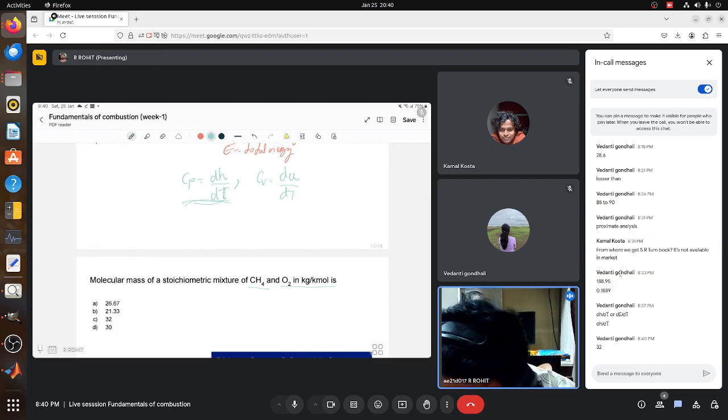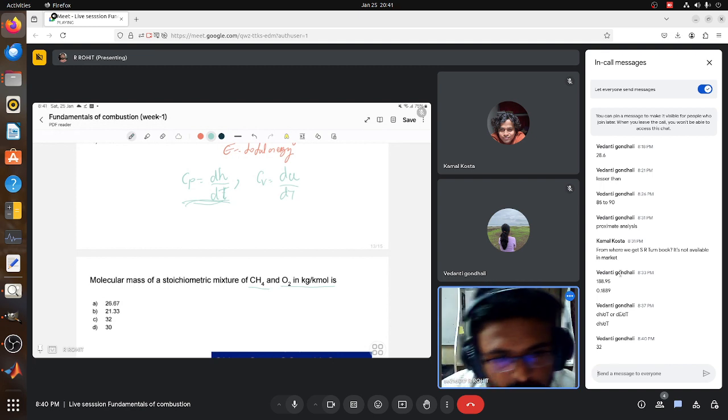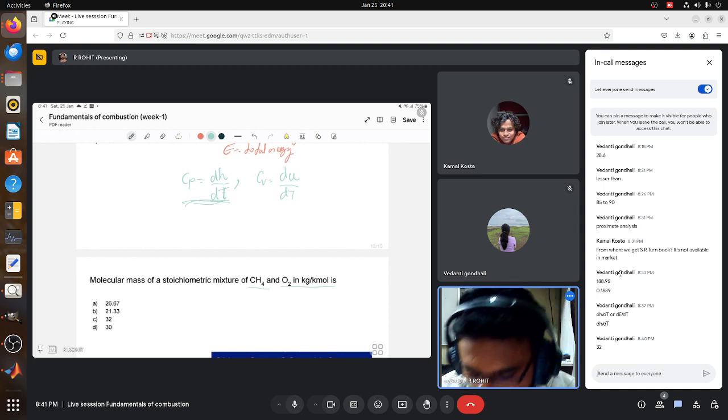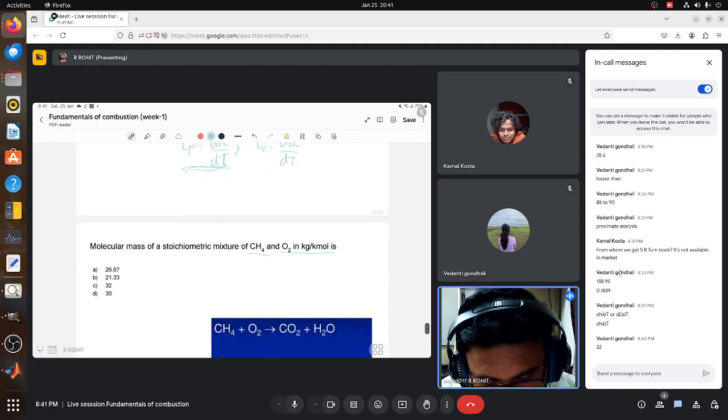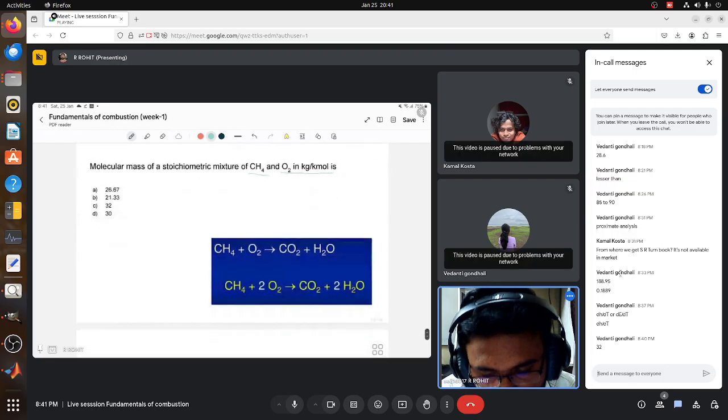One answer I got is 32. So we'll see how to do this. They are asking you to find the stoichiometric mixture of methane and oxygen.